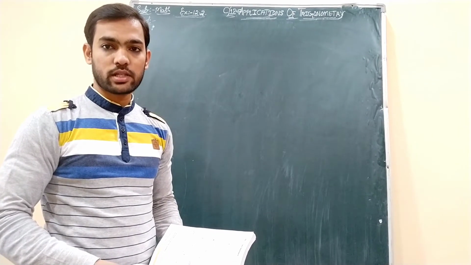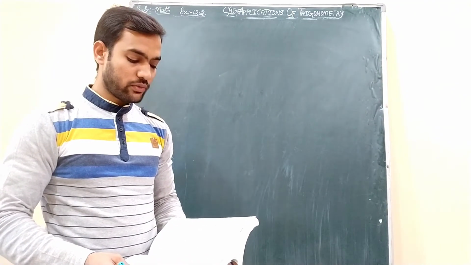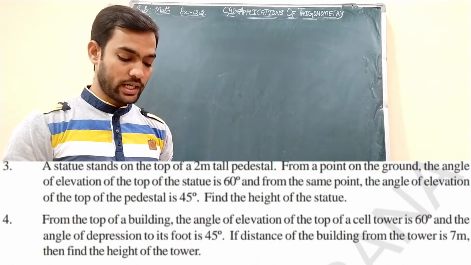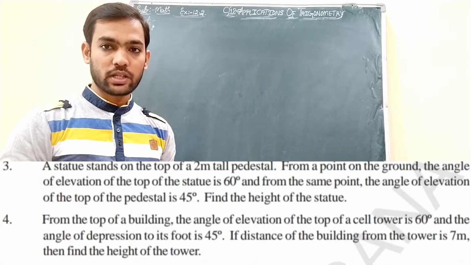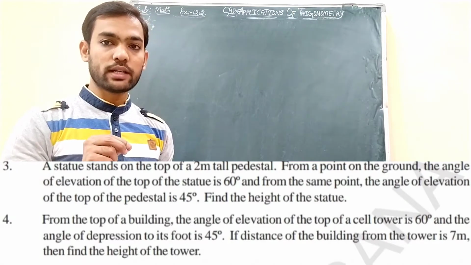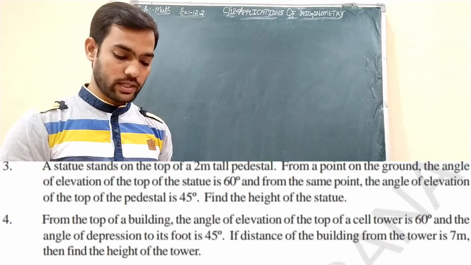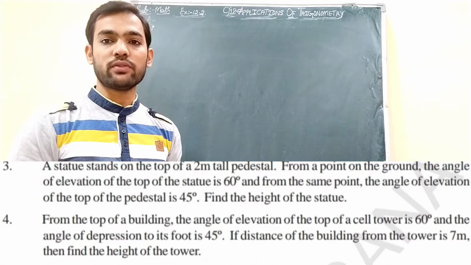Now moving to next question students, that is question number 4. Have a look in your textbooks. Question number 4 is, you are standing at the top of a building, the angle of elevation of the top of a cell tower is 60 degree. From the top of that building only, you are seeing the top of the cell tower and it is forming 60 degree angle of elevation, and the angle of depression to its foot is 45 degree.